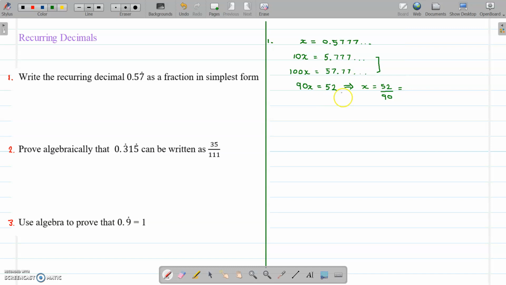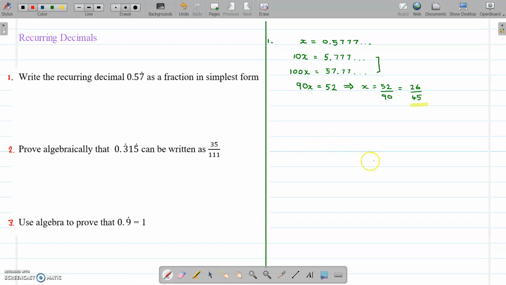So we know at least it divides by 2, and it does to give us 26 over 45. That is as far as it goes. There's no common factor of 26 and 45, so that's it in simplest form. That was a relatively straightforward one. The next one is a little bit more tricky.